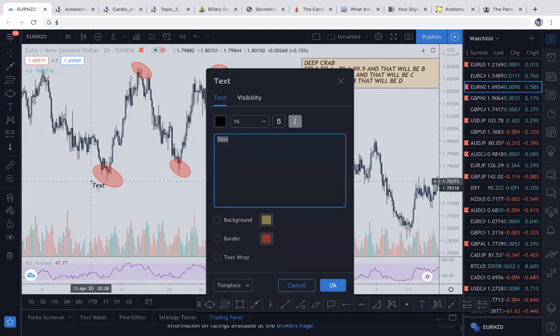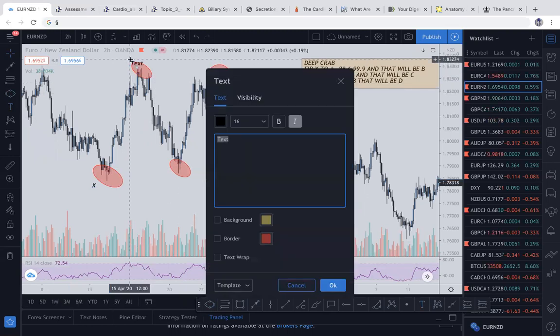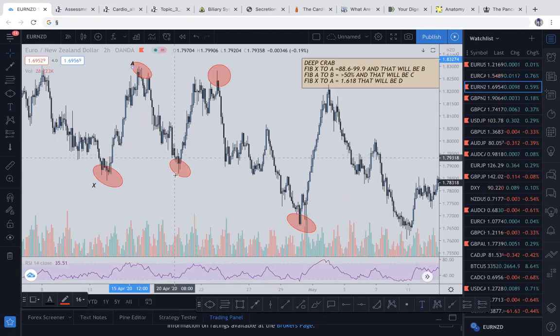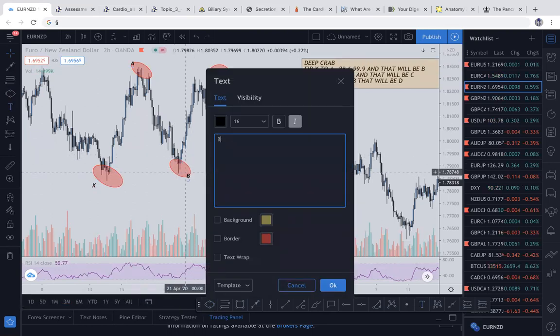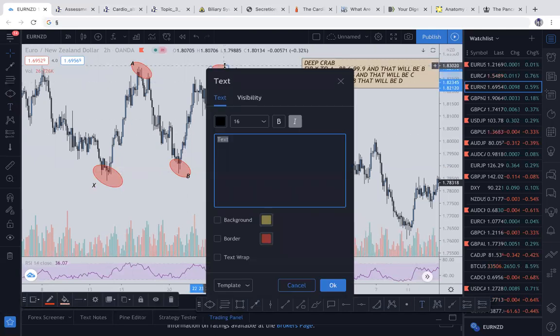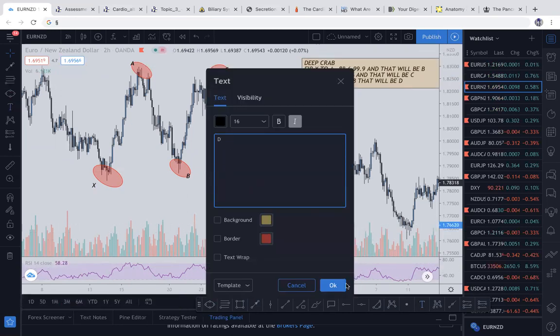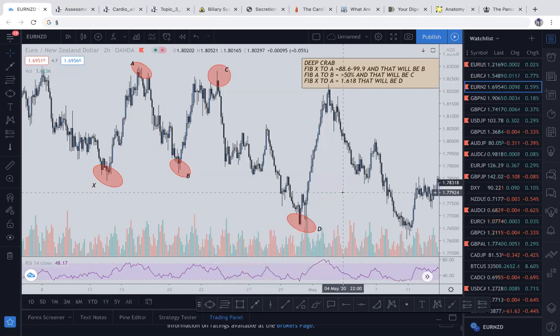This area will be my X. This area will be my A. This area will be my B. This will be my C. And around this area will be my D. Now let's look at what happened.